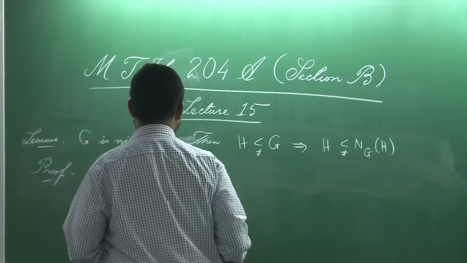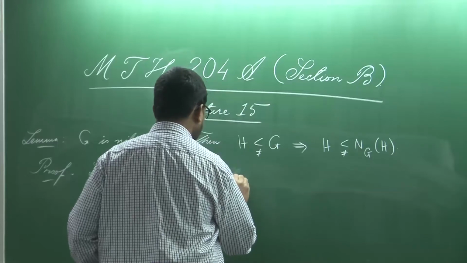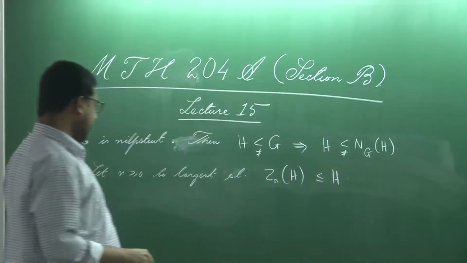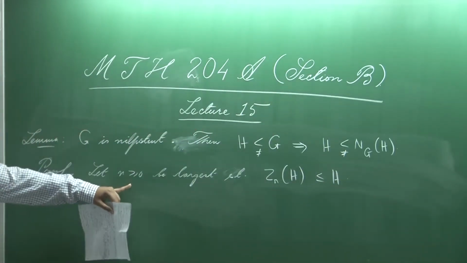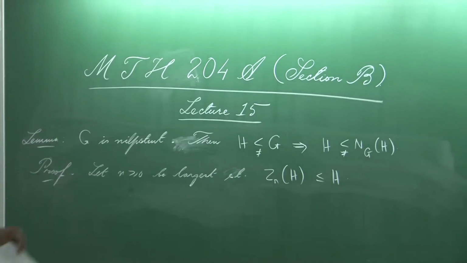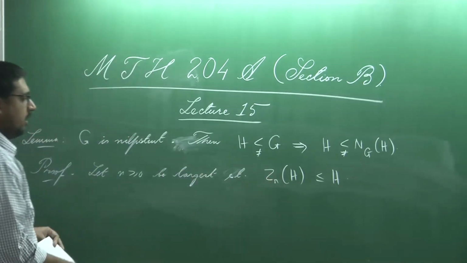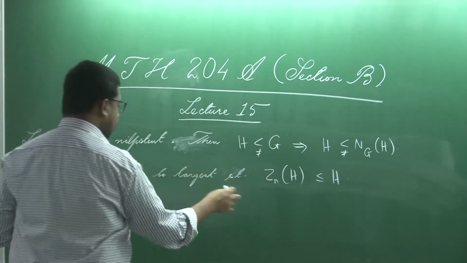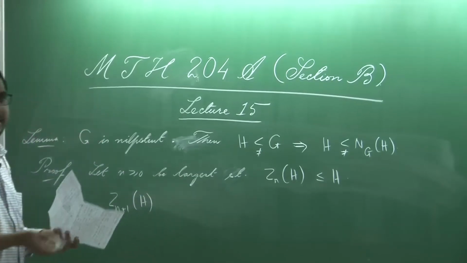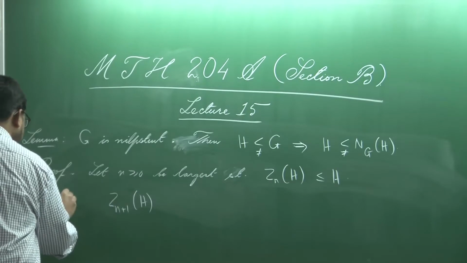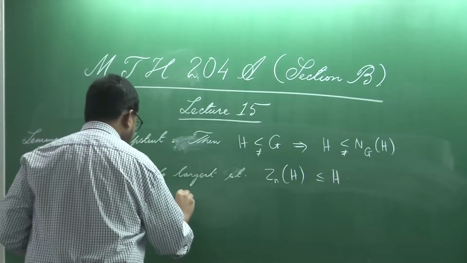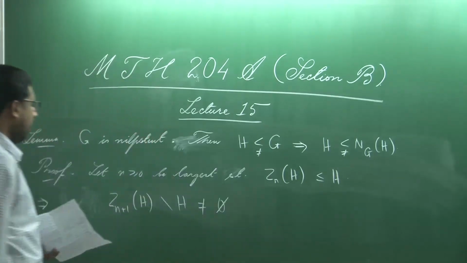You have to use that G is nilpotent such that Z_n H is contained inside H. Remember that of course there will be one such n because Z_0 H is the trivial subgroup, it is contained inside H. So it is safe to talk about the largest index such that this happens, and since n is the largest index, Z_{n+1} H is not going to be contained inside H. That means there exists an A, so this is non-empty.